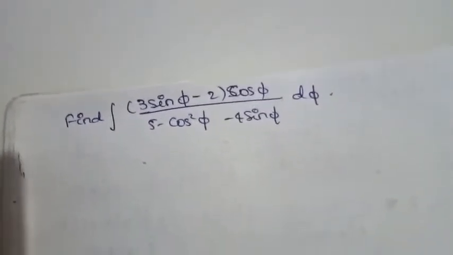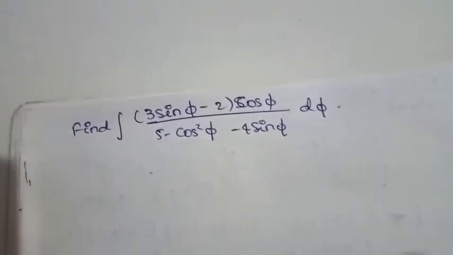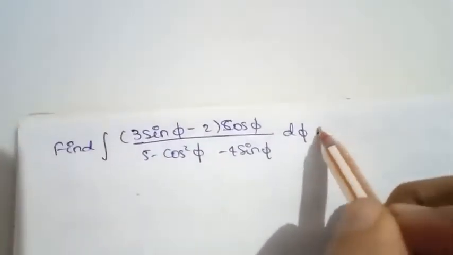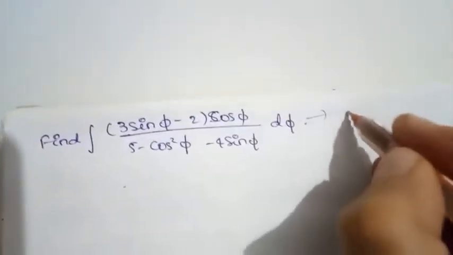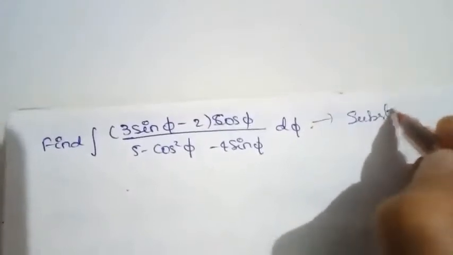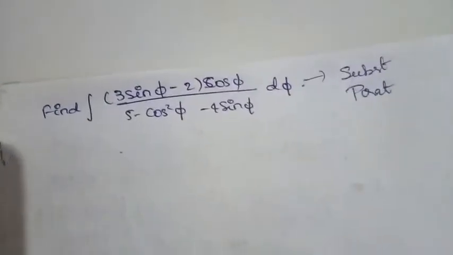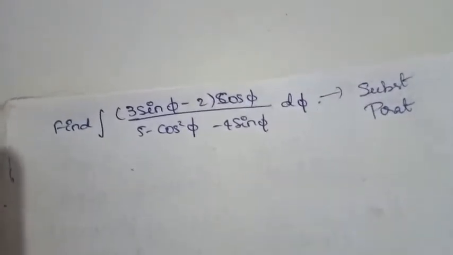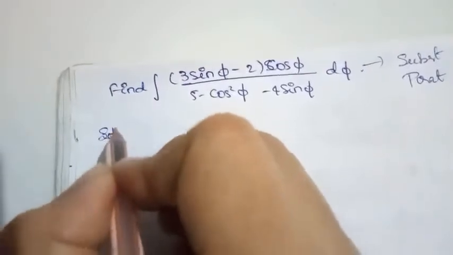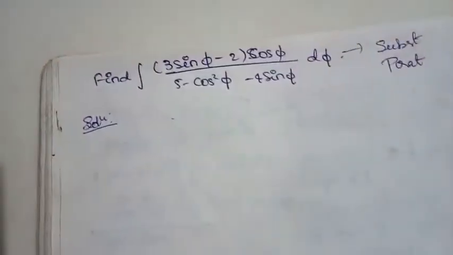In the integration part, there was no substitution at all. In this question, we are dealing with both the substitution method as well as the partial fraction method. Let us see how we are going to find the integral of this given question.